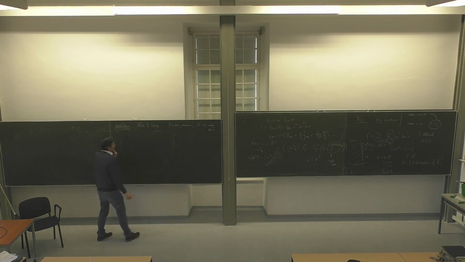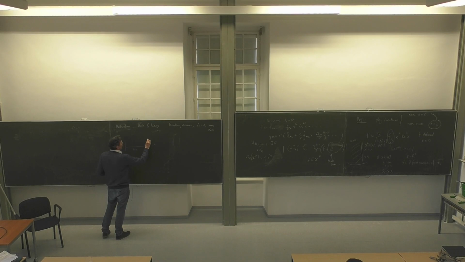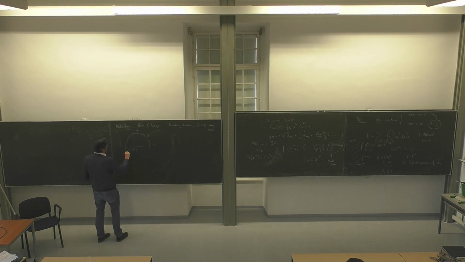Let me just draw the picture. This would be t equals 0. This would be what we usually call i0. It's actually a boundary. There's a corner which is followed by what we usually call scri plus. I'm doing this symmetrically, but you just have to rotate it. So this is scri plus. There's another corner here, and this is what we usually call i plus. Let me just draw this symmetric.